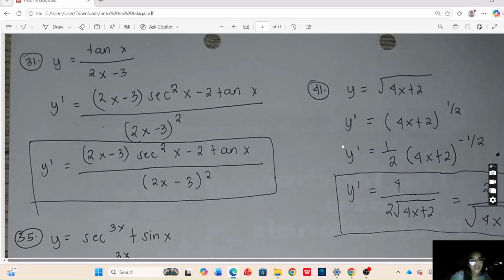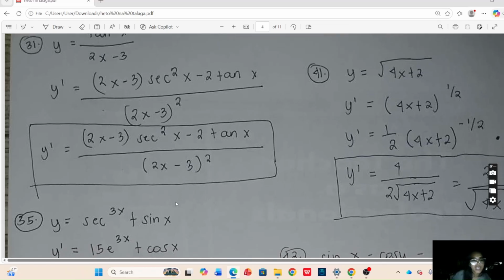Let's have number 31. So the function is tangent x divided by 2x minus 3. So this is also, we have to apply the chain rule. Also differentiate the exponential function first, then multiply by the derivative of x squared, and the derivative of x squared is 2.